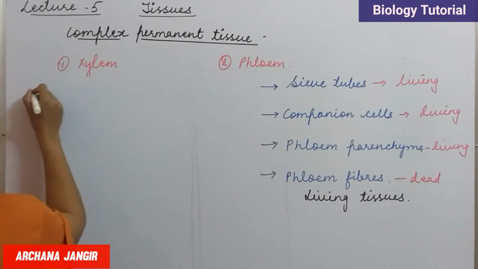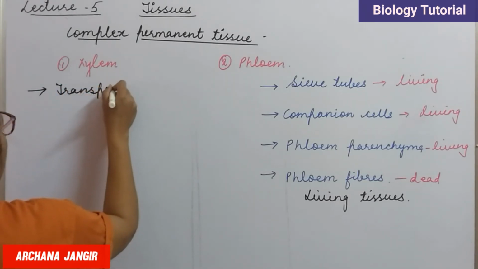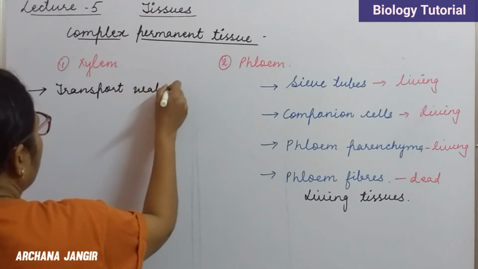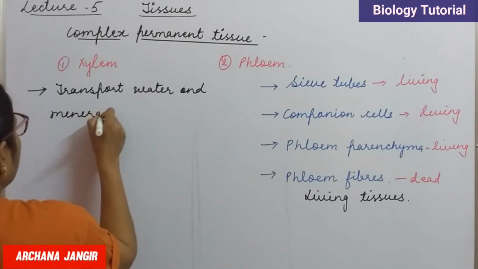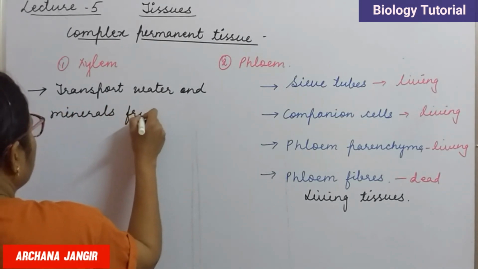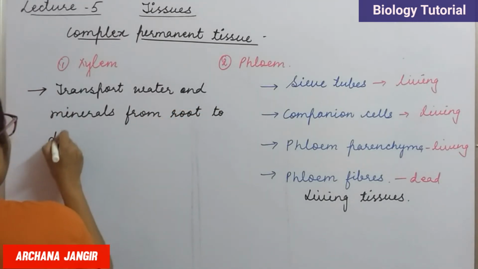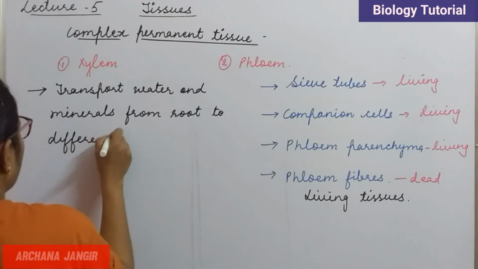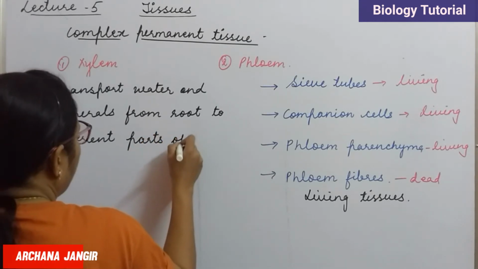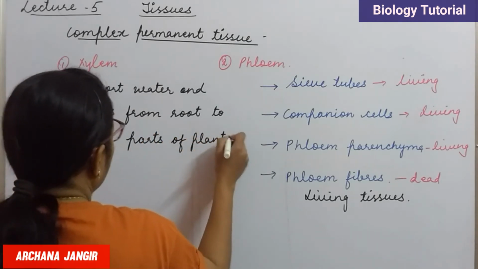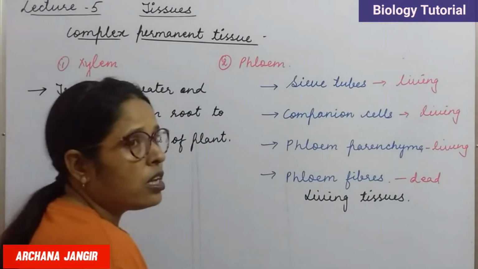So here, xylem tissues transport water and minerals from root to different parts of the plant. Clear? So these are the tissues responsible for transportation of water and minerals from root to different parts of the plant.